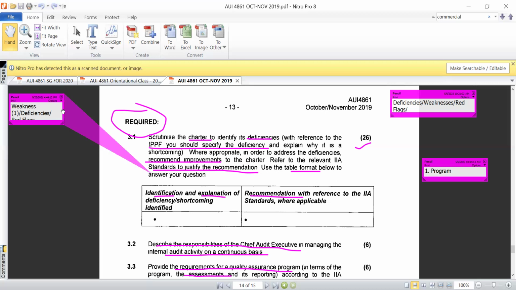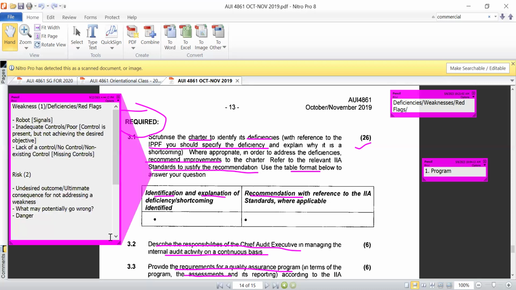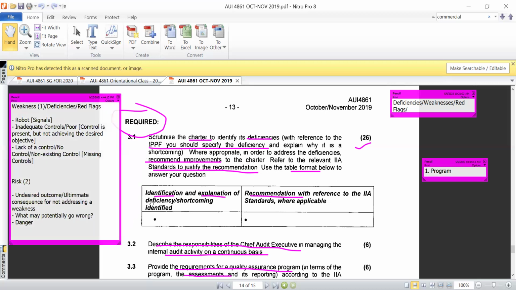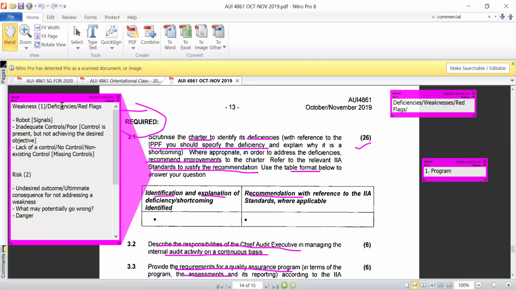Here is what it means when they say identify a deficiency or a weakness. A weakness, a deficiency, can also be referred to as a red flag. Essentially, when they say identify a deficiency, it means identify something that is not being done right, something that is being done wrong.